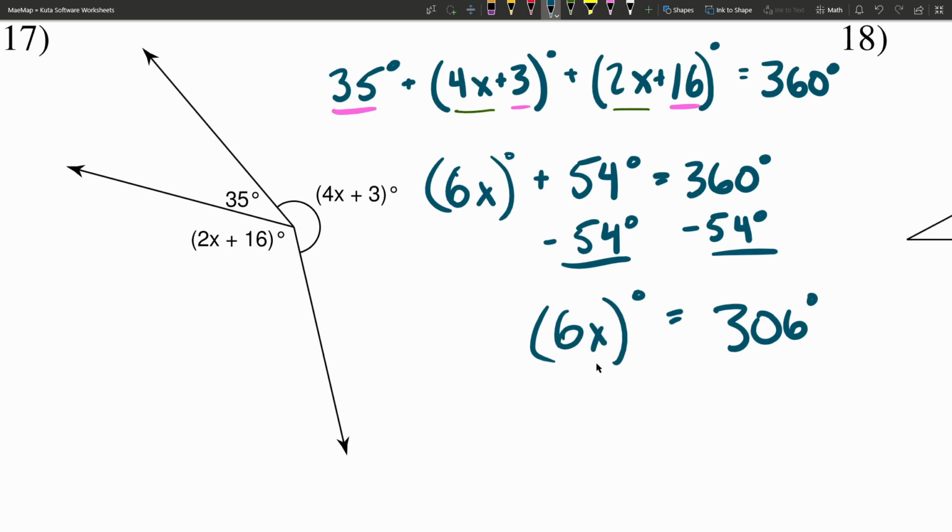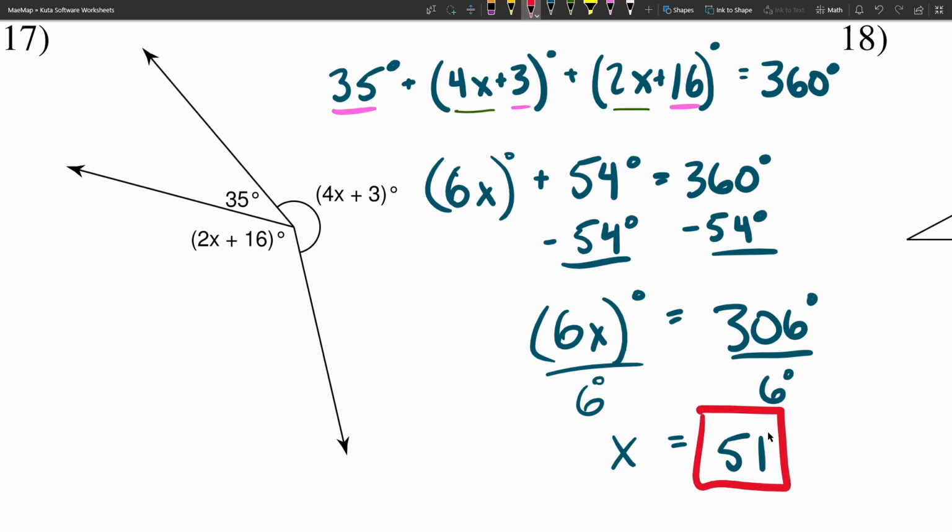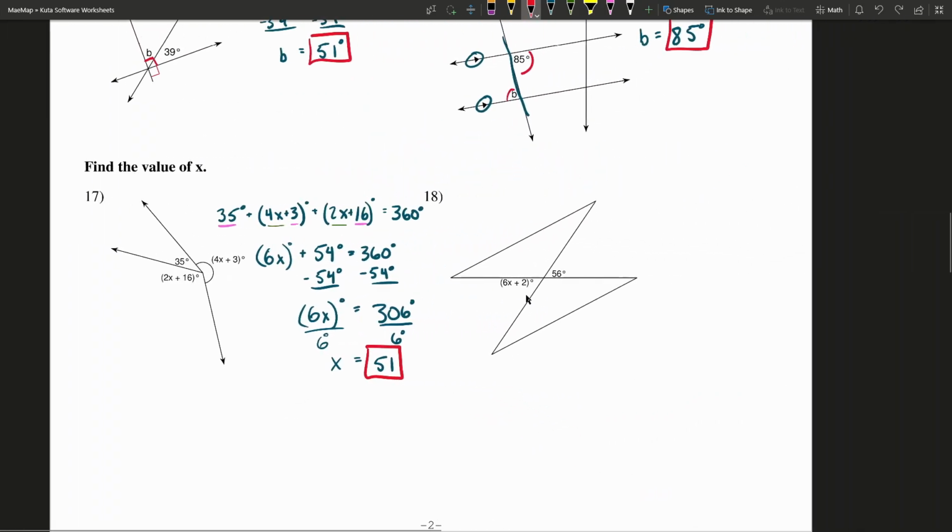Now, in order to solve for x, all I have to do is divide both sides by those 6 degrees. So x is going to be equal to 306 divided by 6, which is 51. So x is equal to 51. Let's move on to the last problem for this page.